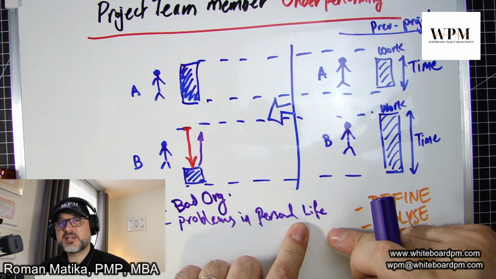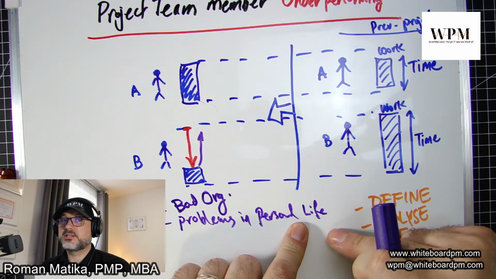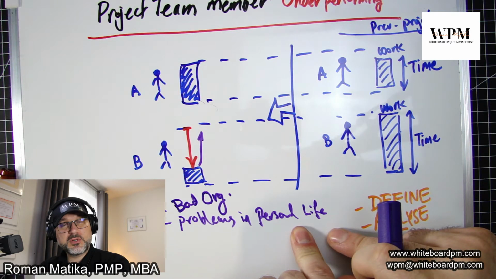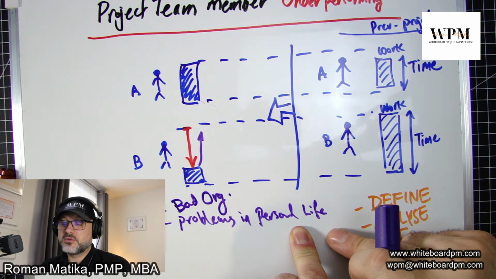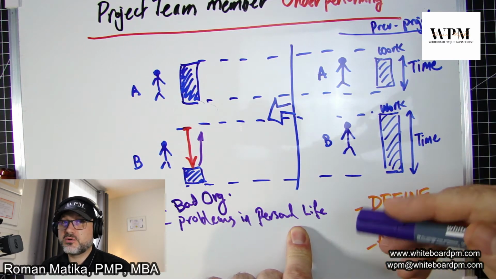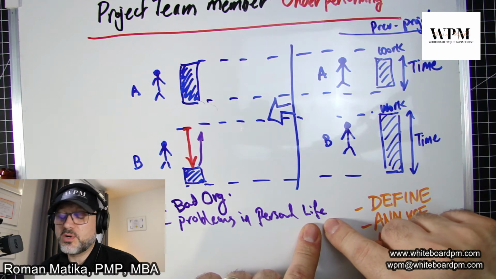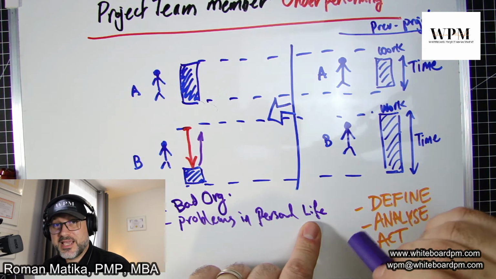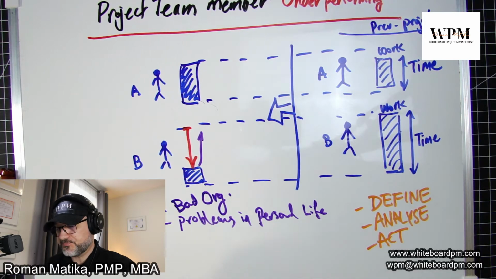But if this person is having some problems in his personal life, even if he tries to reduce or not show these problems, this could affect him while he is preparing the document or doing his work. You as a project manager could notice this.